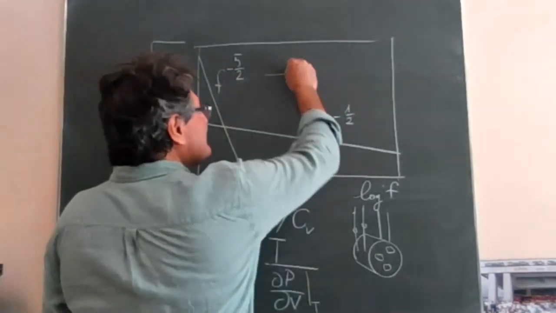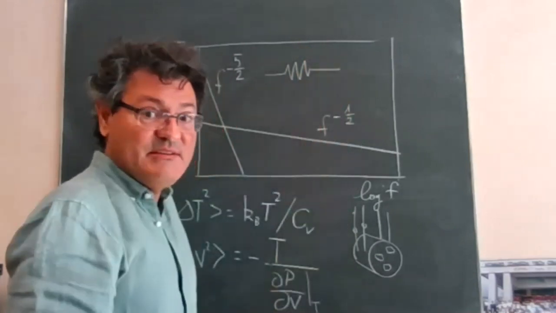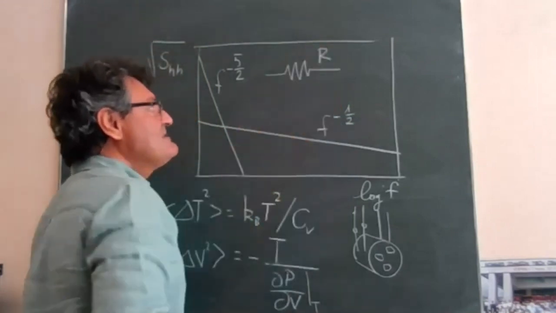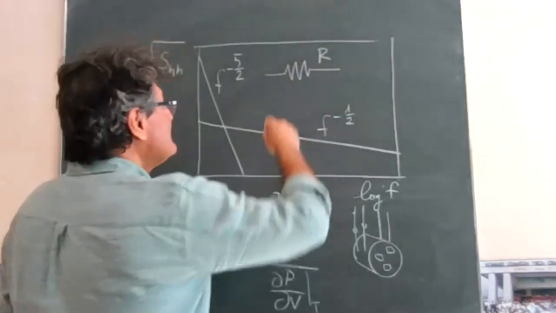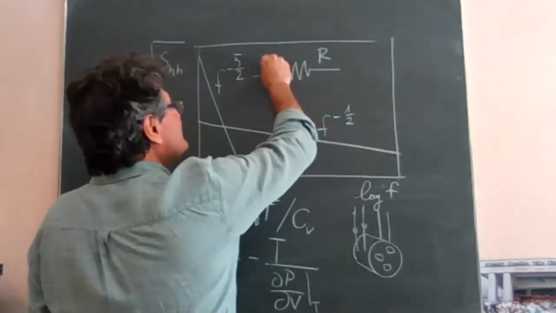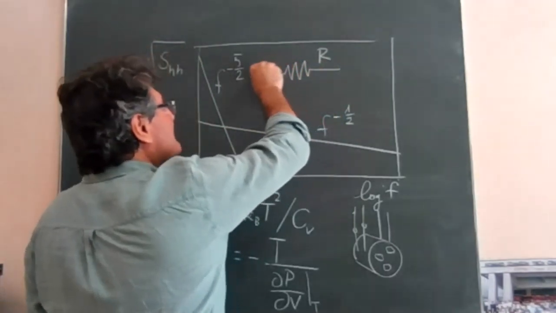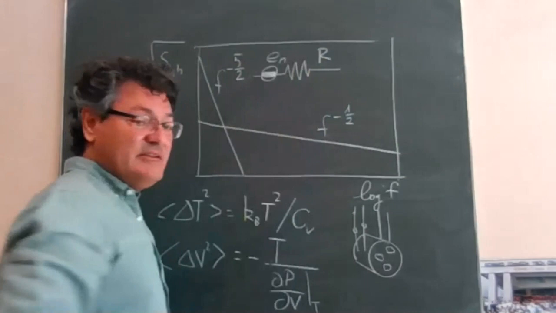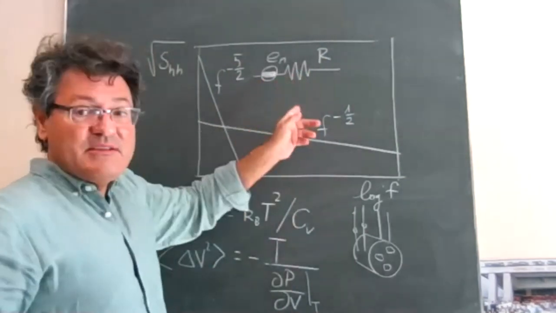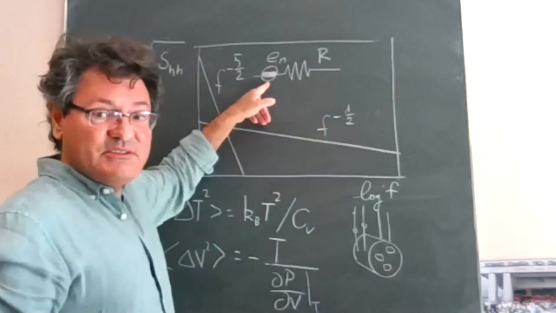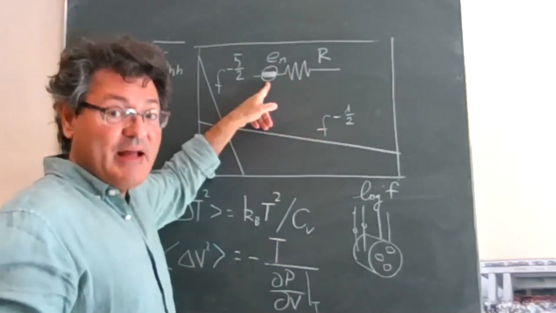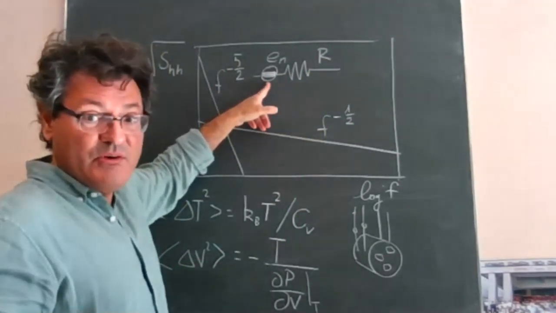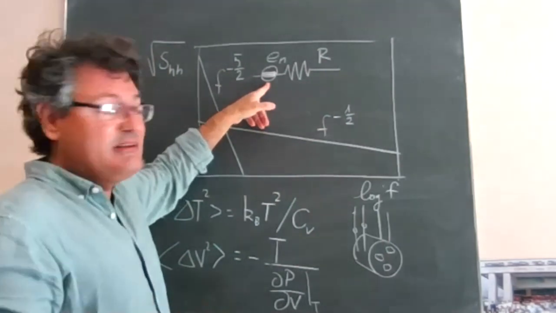As a matter of fact, I don't know if you have already seen this expression. If I have a resistance R, to each resistance is associated a voltage generator that is put in series with the resistance. This is a generator of voltage that is random. We use it to simulate the effect of thermal noise in electronics.